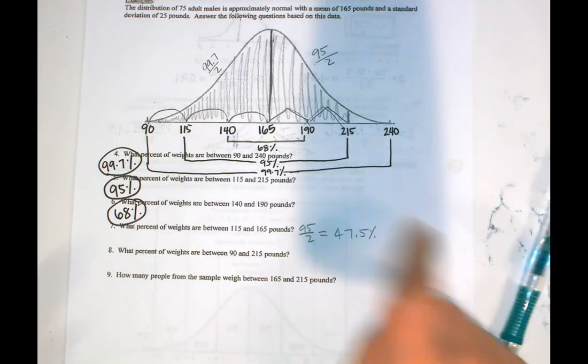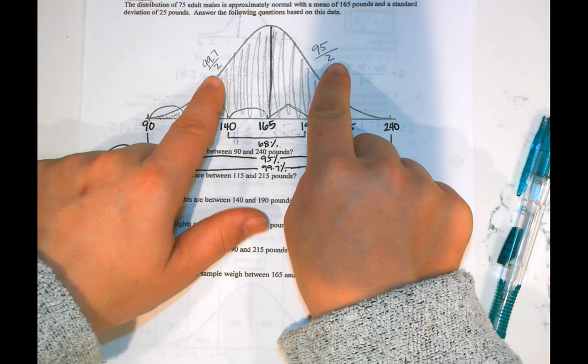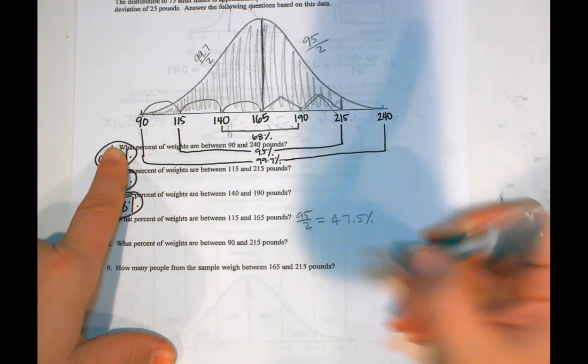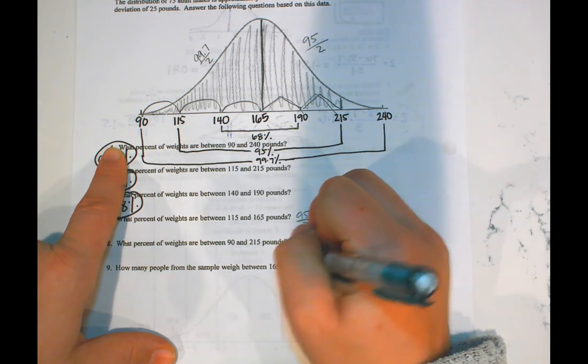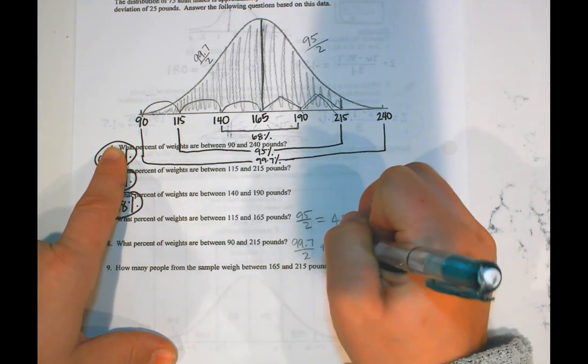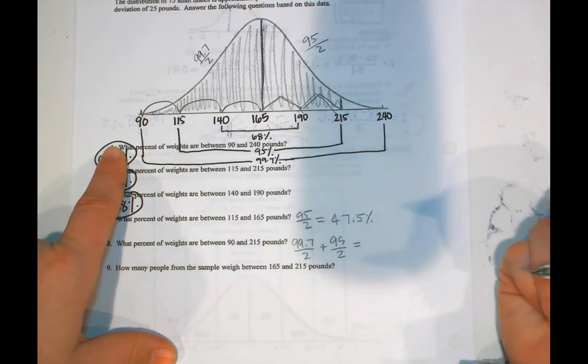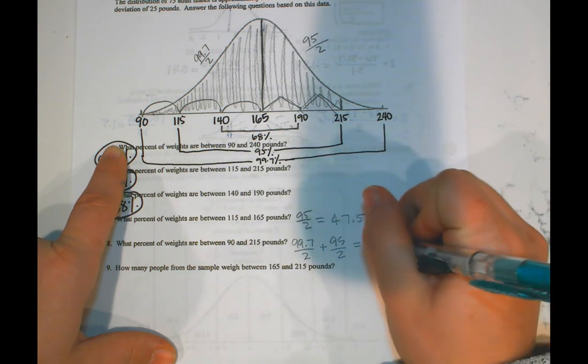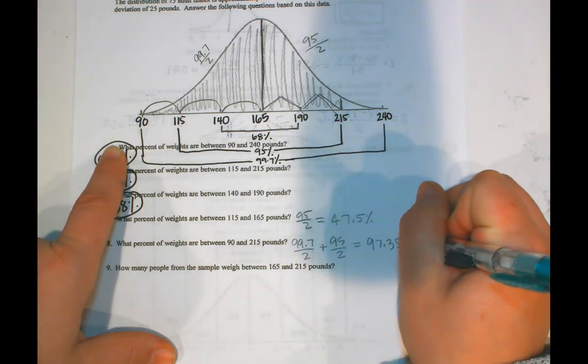So now if I calculate these two and add them together, that would tell me this entire shaded region. So I would do 99.7 divided by 2 plus 95 divided by 2, and that would give me 97.35%.